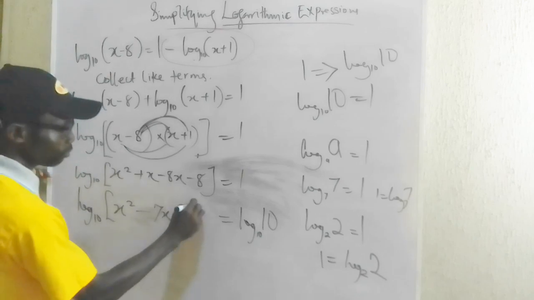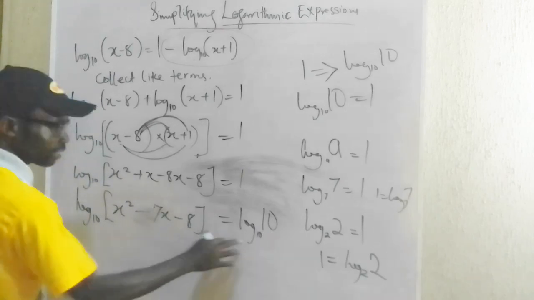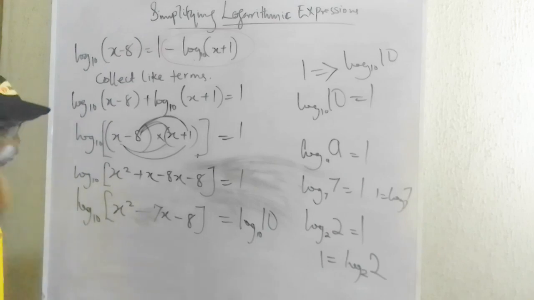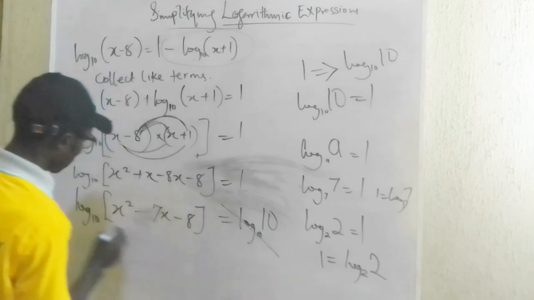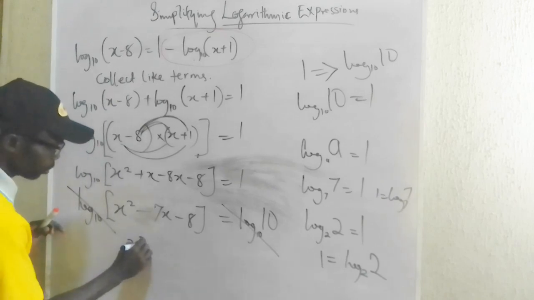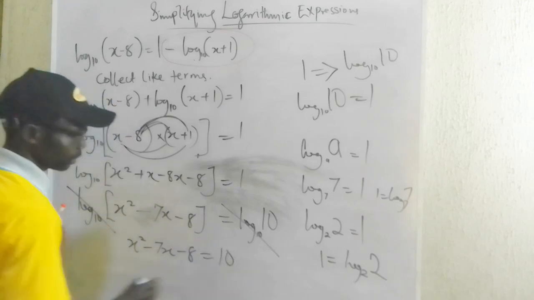Now you can look at previous videos where I made this simple. This is log. Now this and this are the same, so I want to make this a quadratic equation and then proceed. So this will cancel this. What is left? We have x squared minus 7x minus 8 is equal to 10.